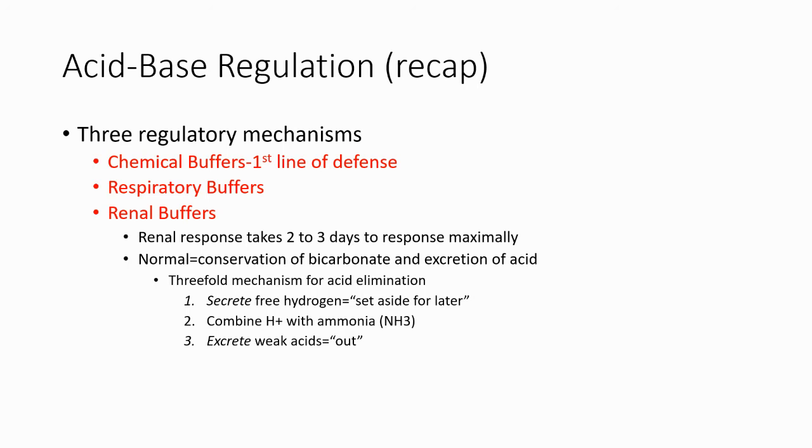So under normal conditions, the body depends on the kidneys to reabsorb and conserve all of the bicarbonate they filter and excrete a portion of the acid produced by cellular metabolism. So remember, with the kidneys, there are 3 mechanisms of acid elimination, which are the secretion of small amounts of free hydrogen, the combination of hydrogen with ammonia to form ammonium, and the excretion of weak acids.